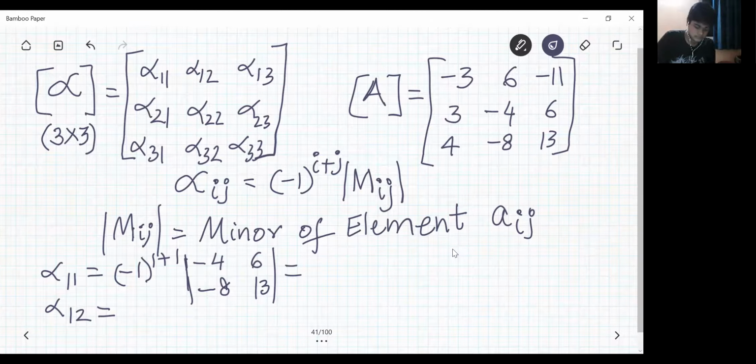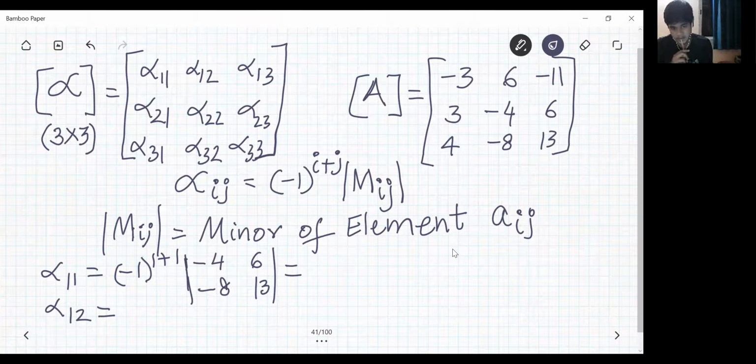Now, what happens is this: i plus j, 1 plus 1, when you add, if the number comes like 2, 4, 6, 8, an even number, then minus 1 to the power of an even number will be plus 1. So we don't have to write the sign here.